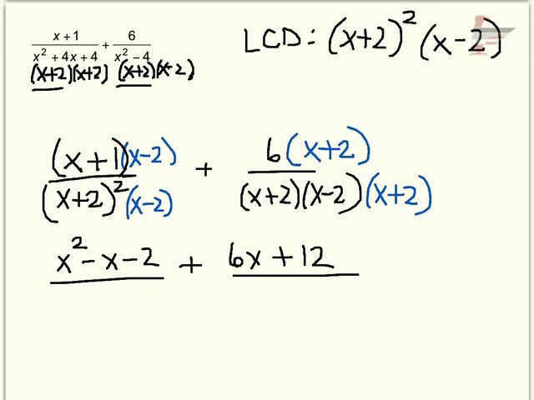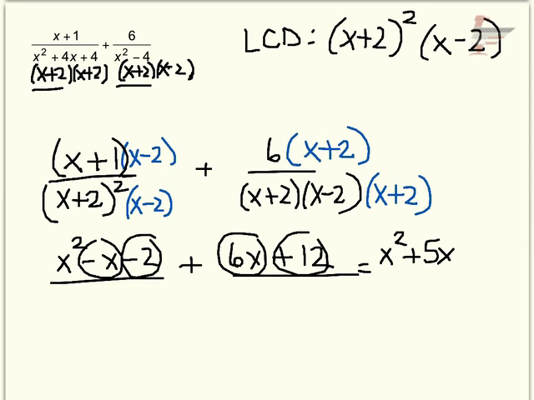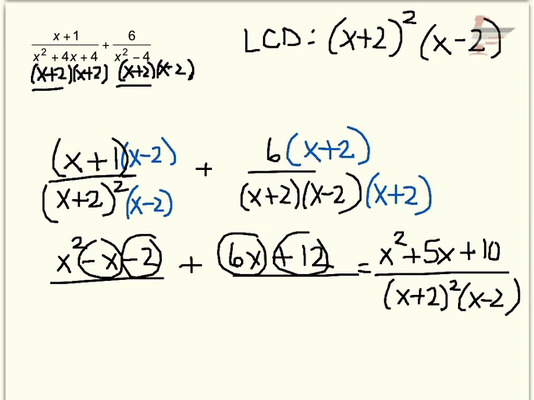And that's still over, of course, that LCD. But before I rewrite all of that, I'm going to add my numerators together. And I get x squared, minus x plus 6x would be plus 5x, minus 2 plus 12 would be plus 10, and that is all over the common denominator, which is x plus 2 squared times x minus 2. Always double check, just in case, if your numerator factors, but that does not factor. So that's your final answer.